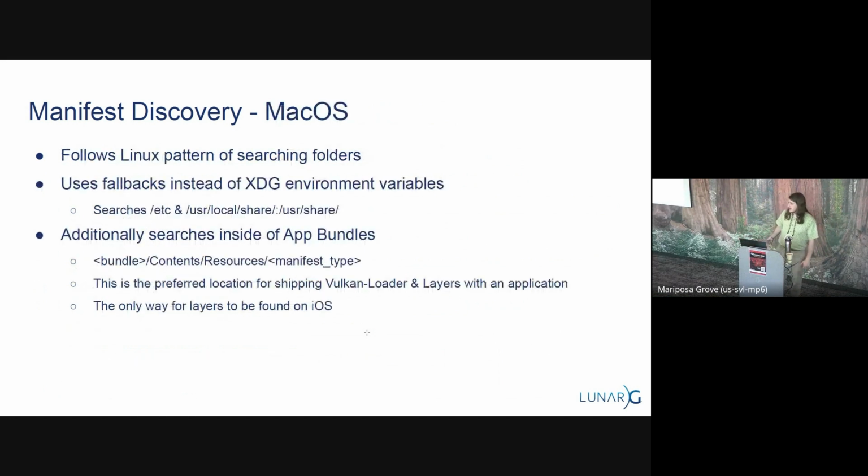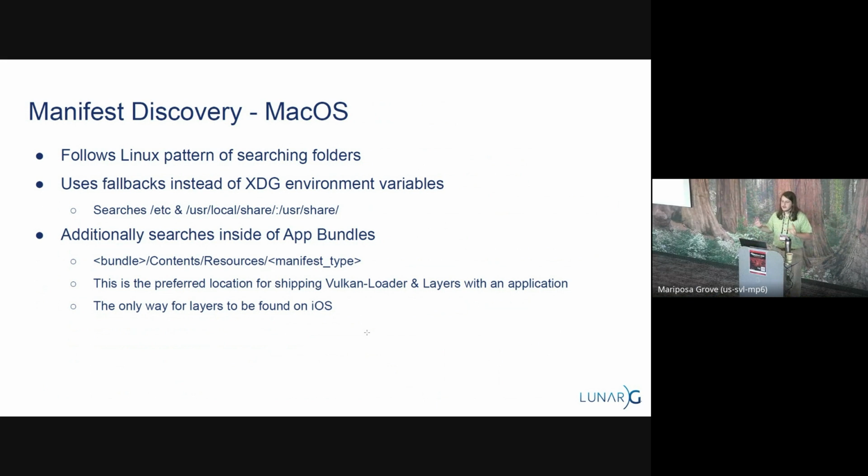And macOS follows a Linux-like pattern, but then is completely different in some ways. Because there's no XDG on macOS, we use fallback paths, like /etc, which is a path that the loader almost always searches in because it's a fallback. And that's where, if you installed it globally, I think it's actually /usr/local/share on macOS.